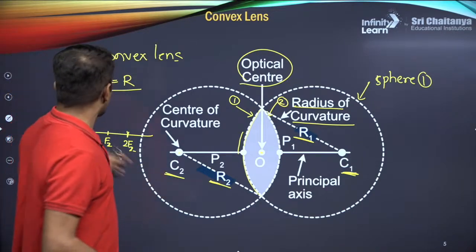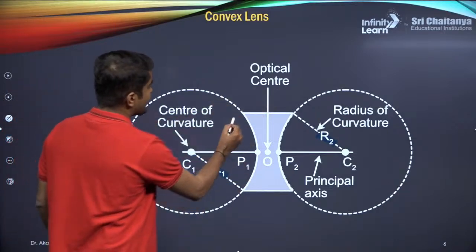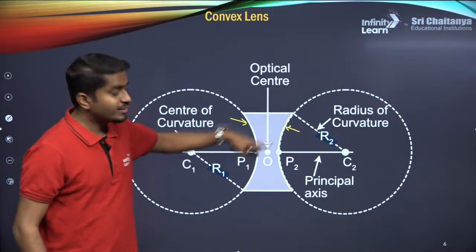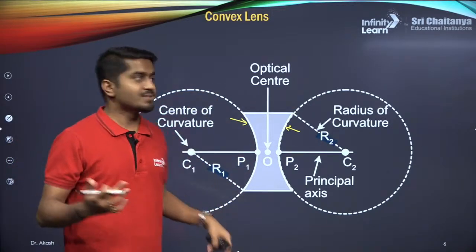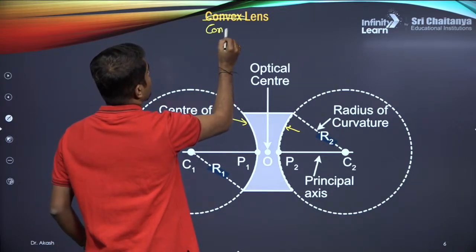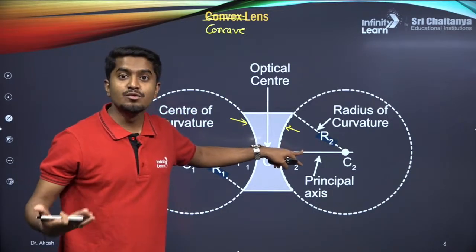Similarly, for the concave lens, you see there is a concave lens. Again, it has 2 different curvatures. Both of them are inwards. That is why this is called a concave lens, because both the curvatures are inwards.